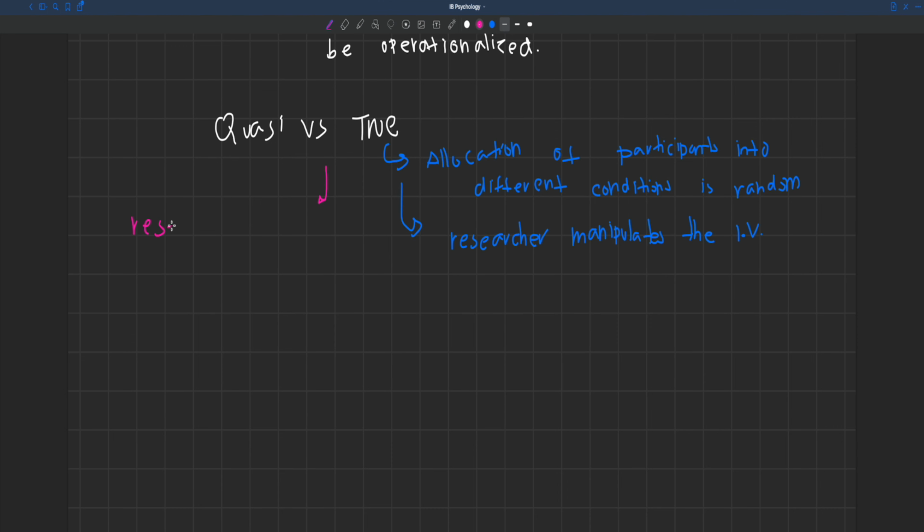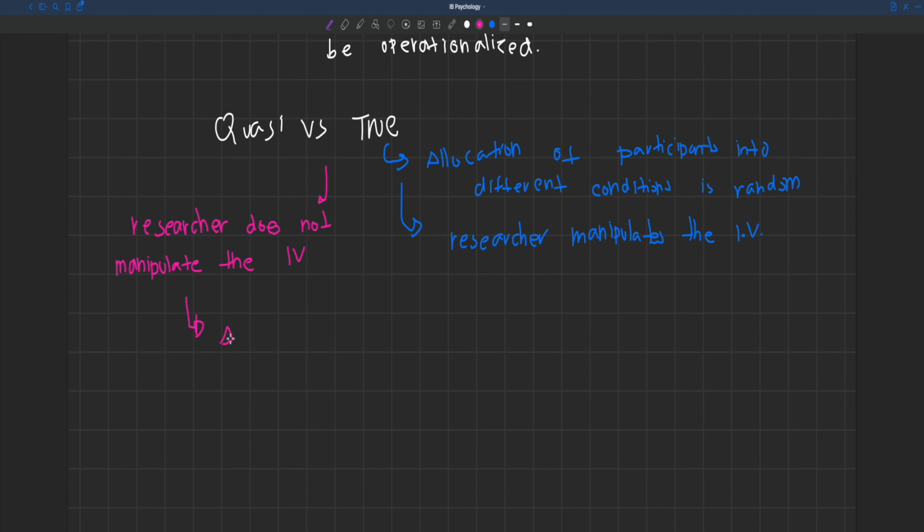And in a quasi-experiment, the researcher does not manipulate the independent variable. And the allocation of groups isn't random, and it is based on their actual traits that set the different types of participants apart.